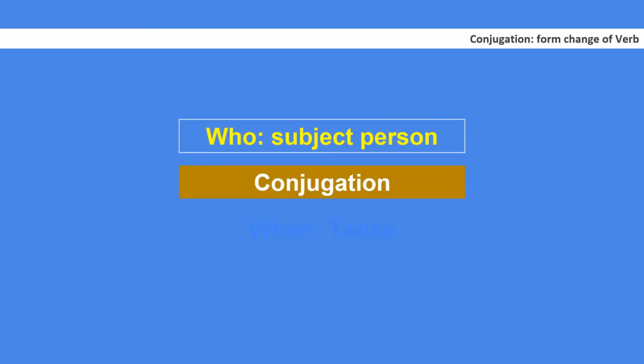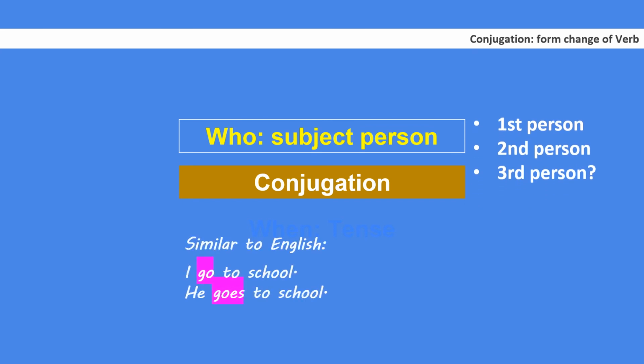Who is doing the action? Is the subject person singular or plural? Is it the first person, second person, or third person? Similar to English: I go to school. He goes to school. The verb changes according to the subject person.